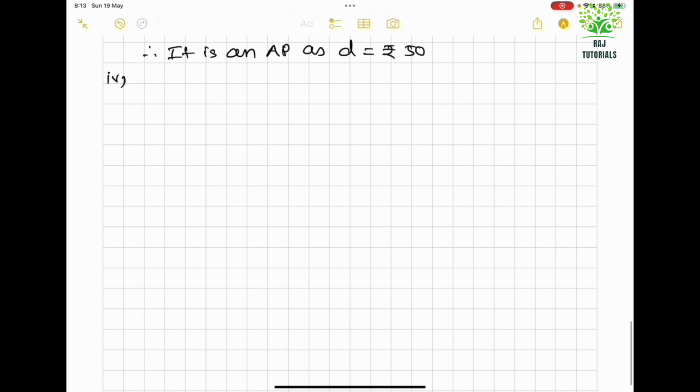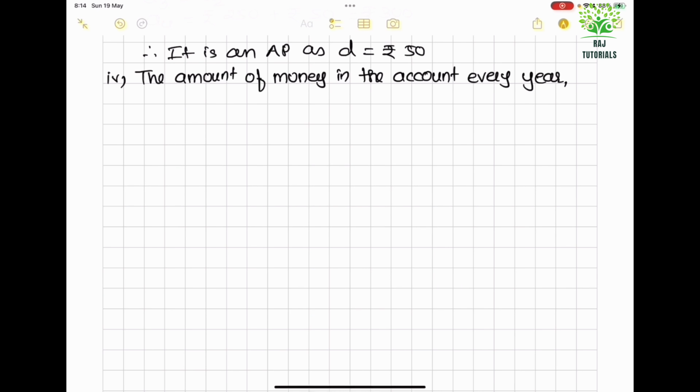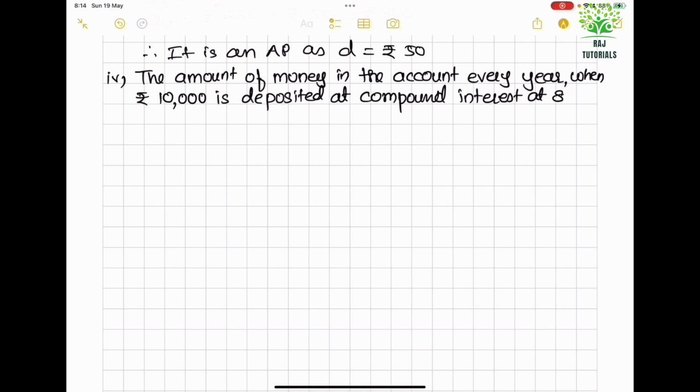Now fourth one, it says the amount of money in the account every year when rupees 10,000 is deposited at compound interest at 8% per annum.